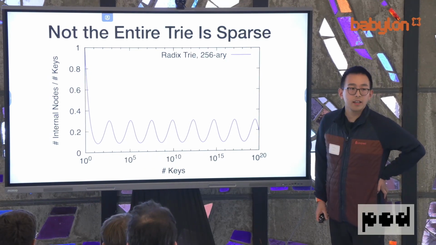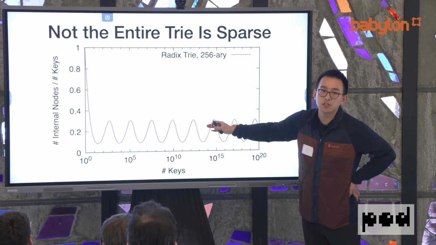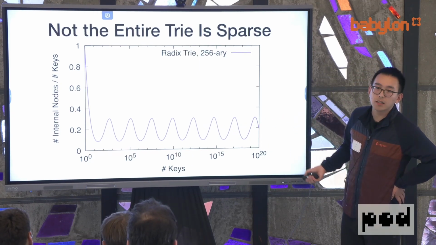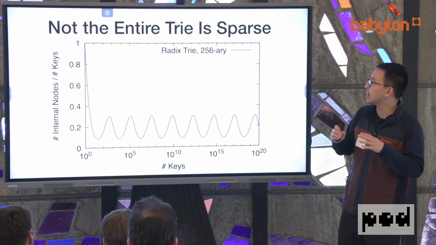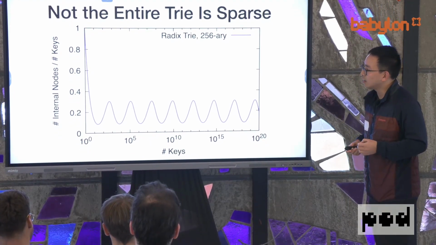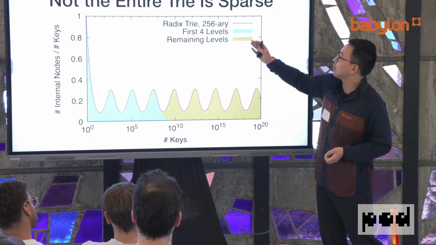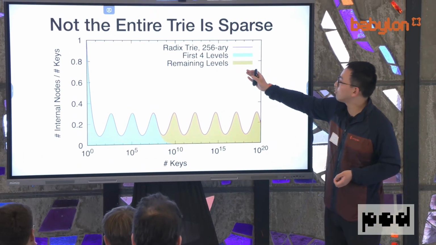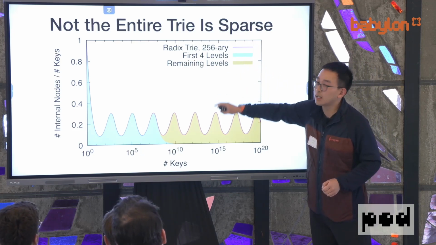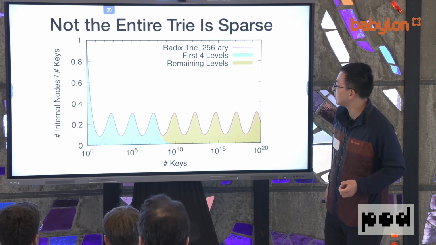So an insight here is that even though the entire tree, when you look at it as a whole, is inefficient because of sparsity, it's not homogeneous across the board, right? What you can do is break down a normal radix trie by levels. For example, here I'm showing in the blue shaded area the first 4 levels of the trie, and in the orange area the remaining levels.